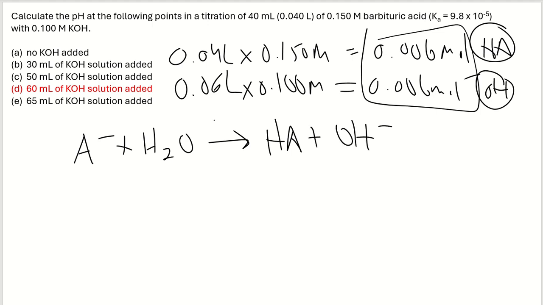So what happened here is we switched. We went from doing Ka, the acid equilibrium, to now the base equilibrium, the Kb. We are not starting with any OH minus because it was all consumed to make our A minus initially.